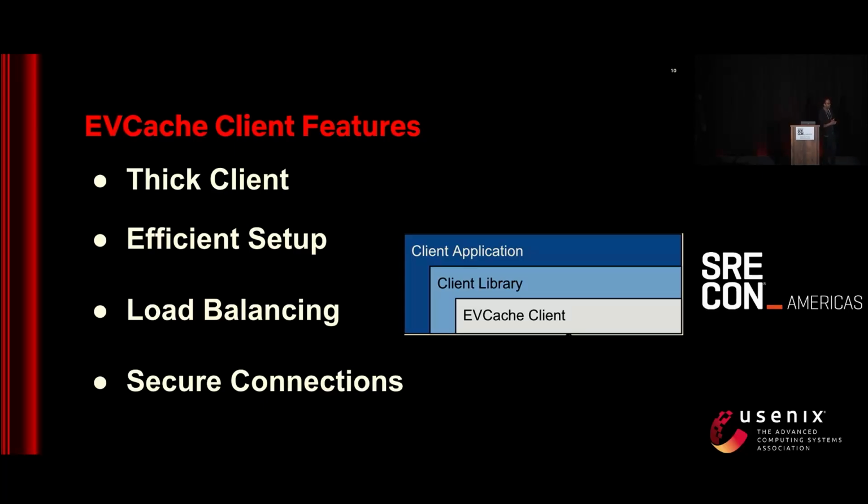Now you might ask, such a heavy client means that the setup has to be as efficient as possible. What do we mean by efficiency here? For example, as I mentioned before, the EV Cache client knows the entire server topology. Just as a random example, for an EV Cache cluster with one availability zone with 100 nodes, the client manages 100 connections. And we do in-region replication.